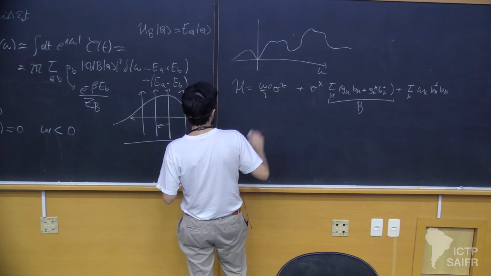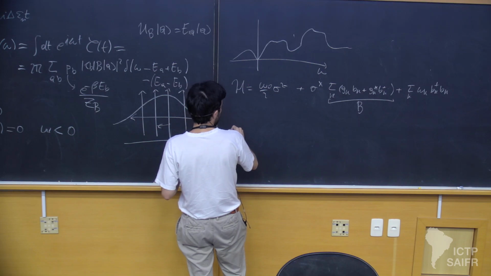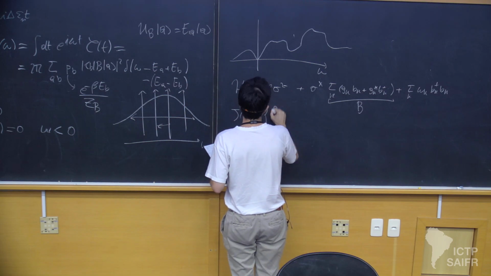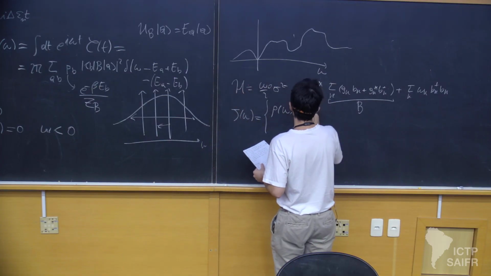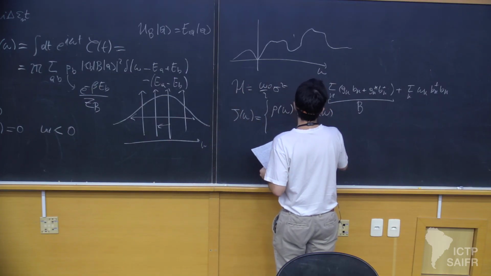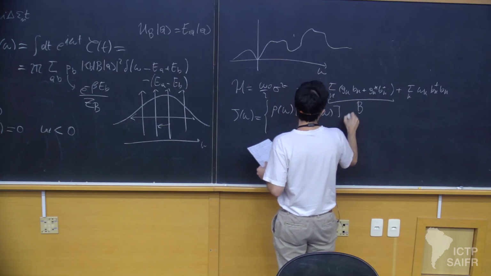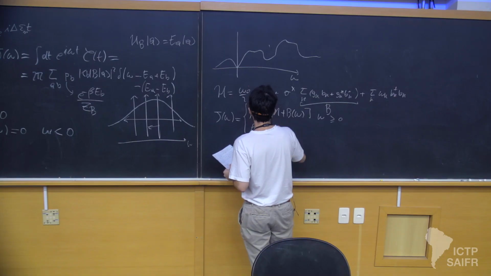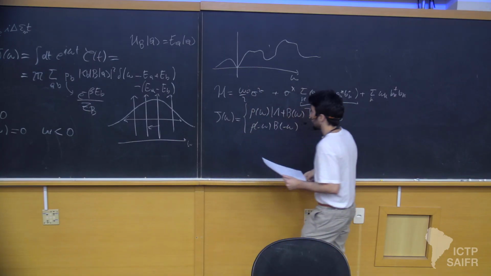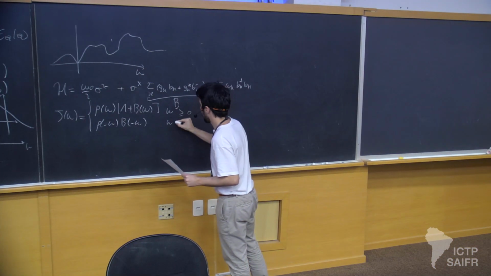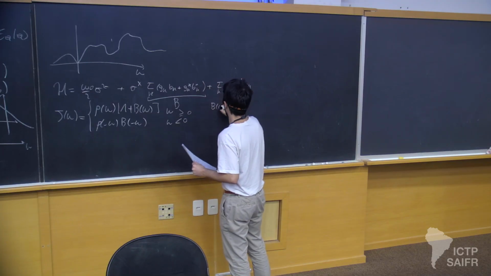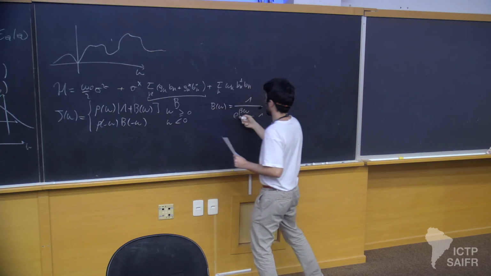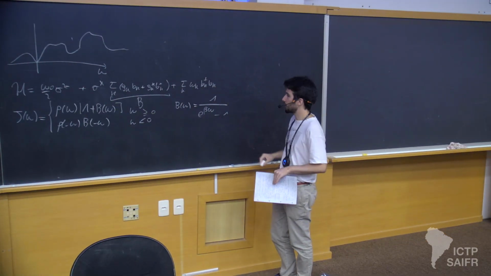So for this system, the spectral function has this shape where n(omega) is the Bose-Einstein distribution. Of course, zero chemical potential, these particles are not conserved.